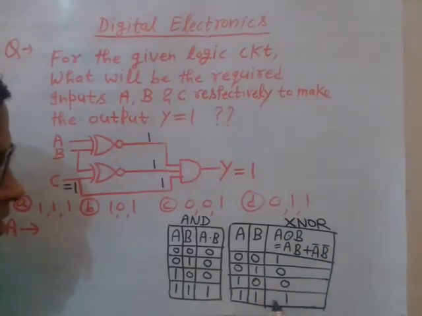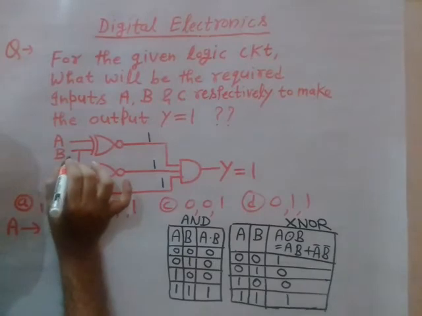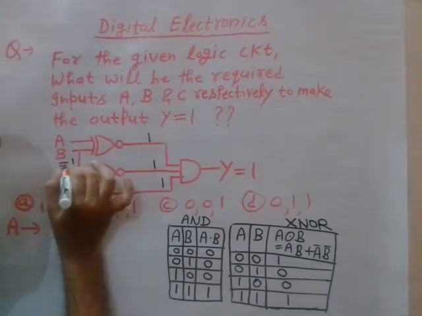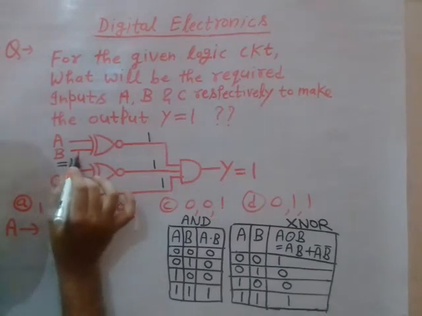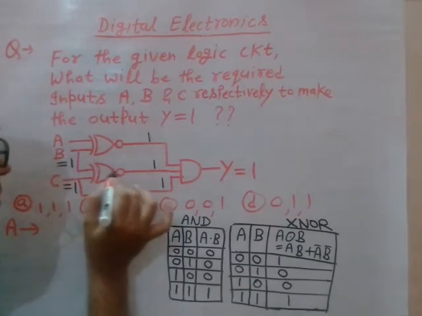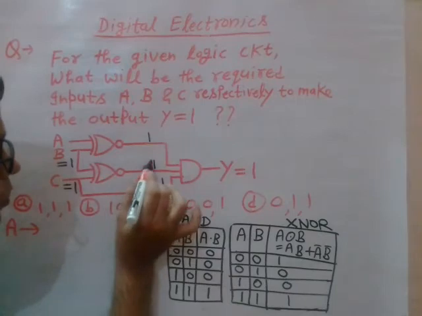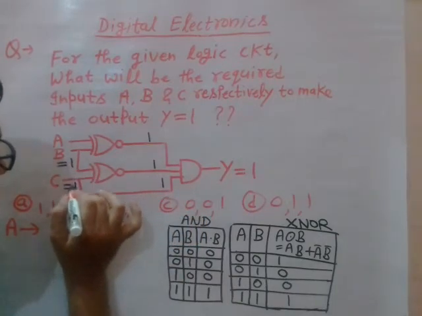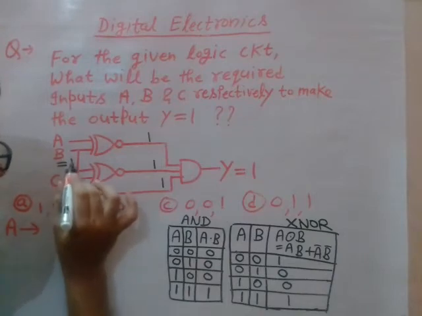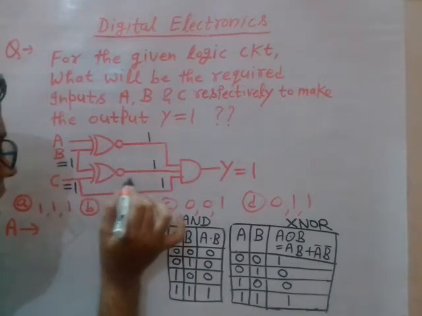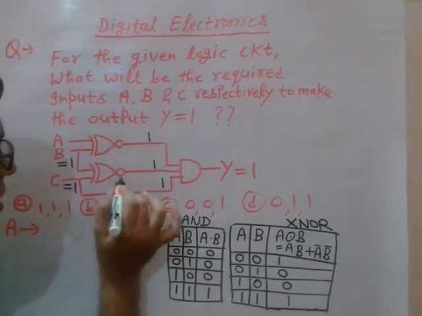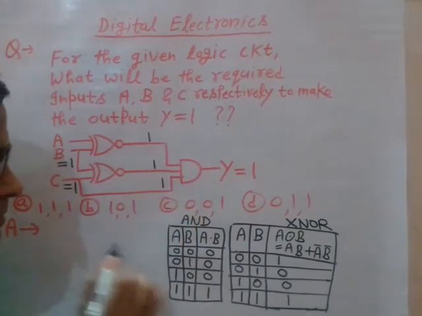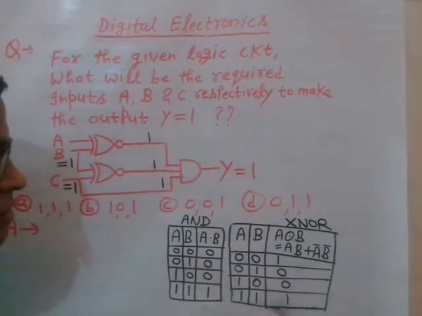So B is bound to be 1 because you want the XNOR output to be 1. When both inputs of the XNOR gate are 1 1, B is 1, C is 1, both logically high, then only you will get the output of the XNOR gate equal to 1, right?